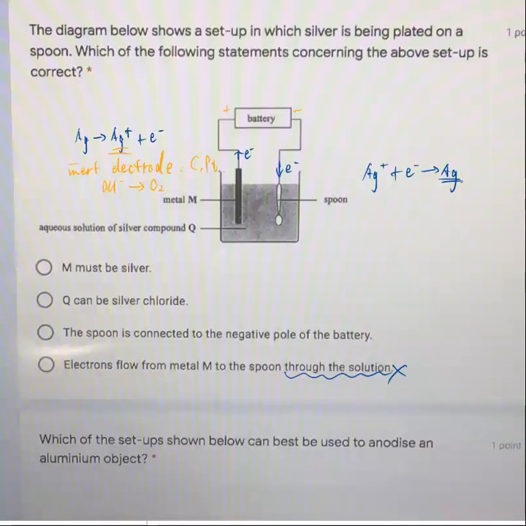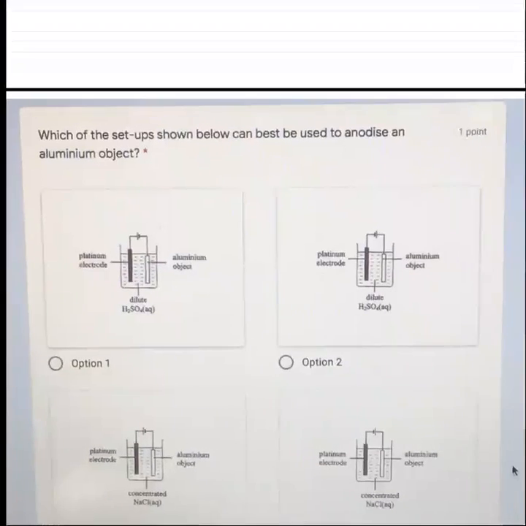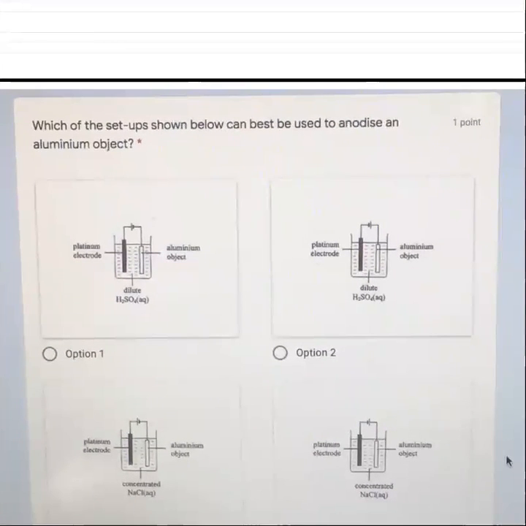Just one more question, an easy one. Okay, quickly, last one. This is the anodizing of an aluminium object.